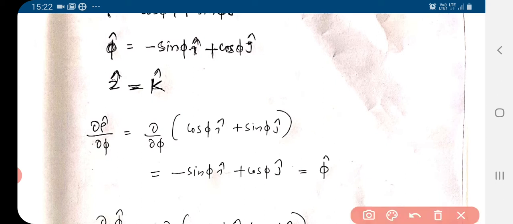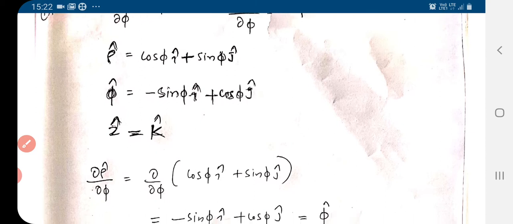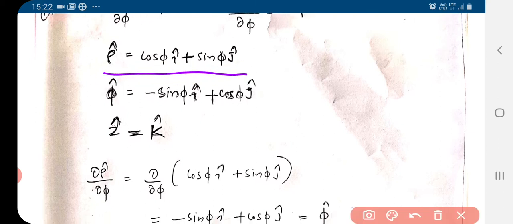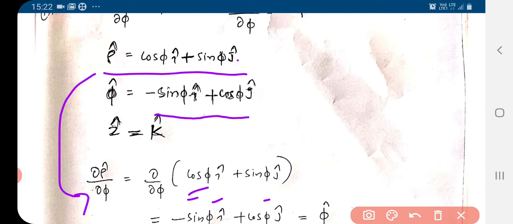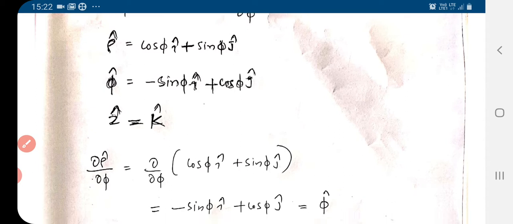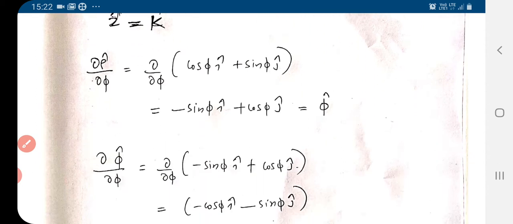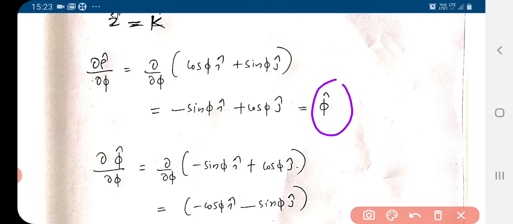Then if I differentiate unit vector rho with respect to phi, I will be getting minus sin phi i plus cos phi j here. Minus sin phi i plus cos phi j is unit vector phi. So the derivative of rho with respect to phi is equal to unit vector phi.